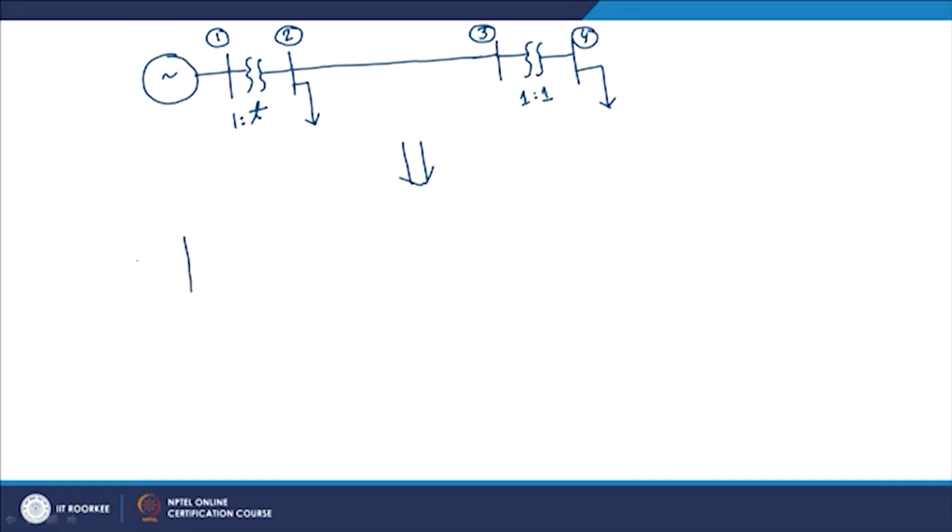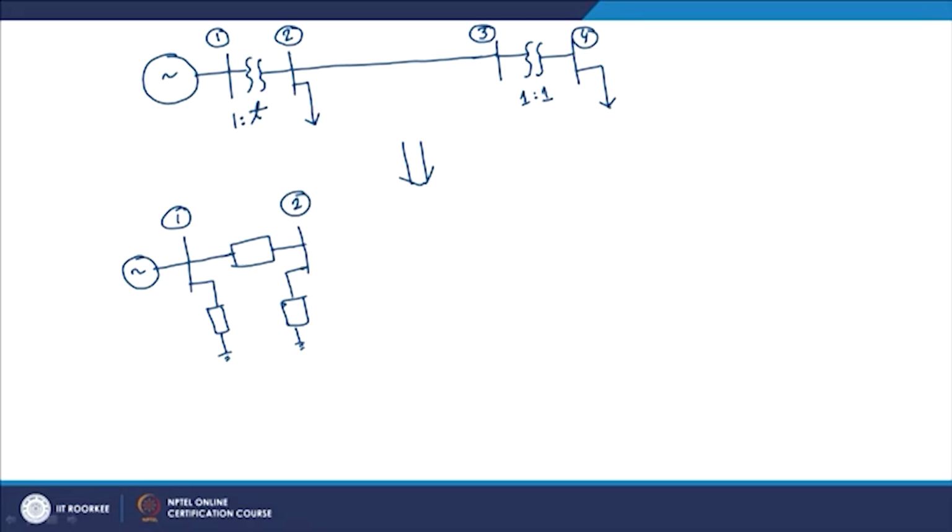So this is bus 1, this is the source. Because this is an off nominal tap changing transformer, there will be a pi model between bus 1 and 2, and we have already seen what the parameters of this pi model are. So this is bus 2.